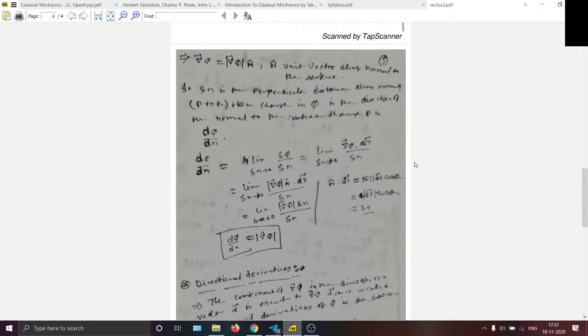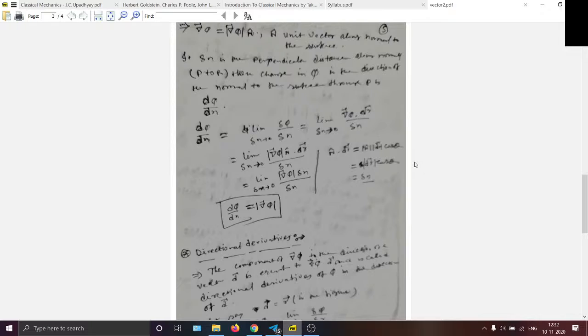Because grad phi is a vector quantity, if you take the modulus, that means the amount of rate of change, not the direction. So the amount of rate of change is grad phi, which is equivalent to d phi dn, the rate of change of your function phi along the normal.